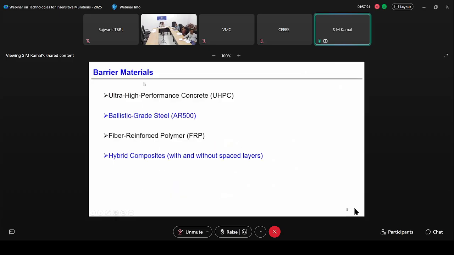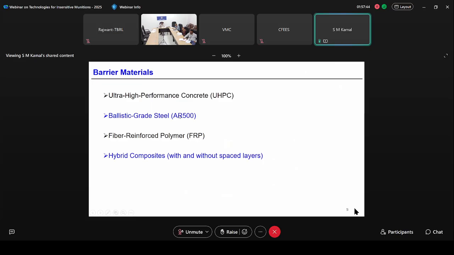And then coming to the barrier materials, we are going to consider materials like ultra high performance concrete. From literature, it revealed that this UHPC is a good candidate for blast attenuation, which has very good compressive strength and high density microstructure.